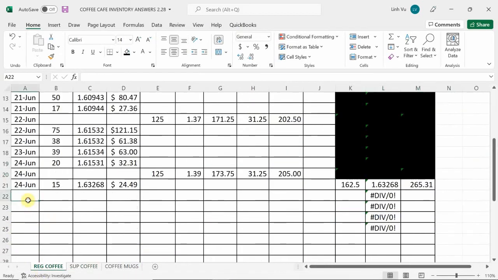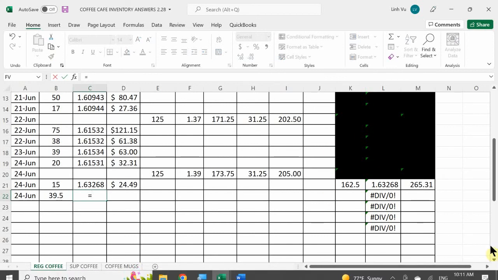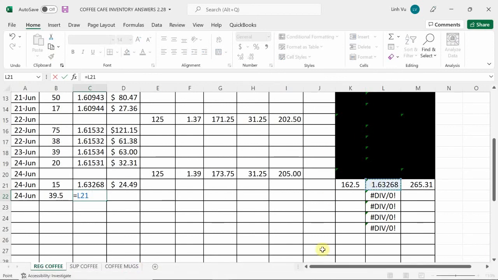39.5 for regular. Okay. Right now, the average cost per item is $1.63268, which Excel has automatically calculated for me to be a total of $64.49. Okay, $64.49. Okay, so let's update my inventory.